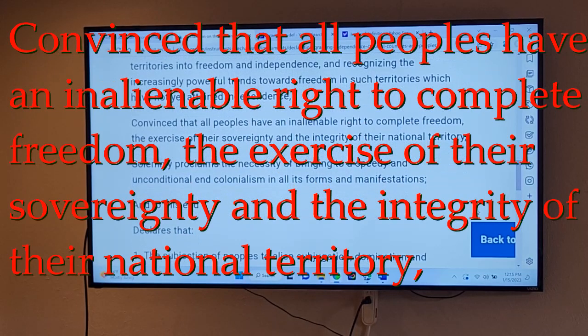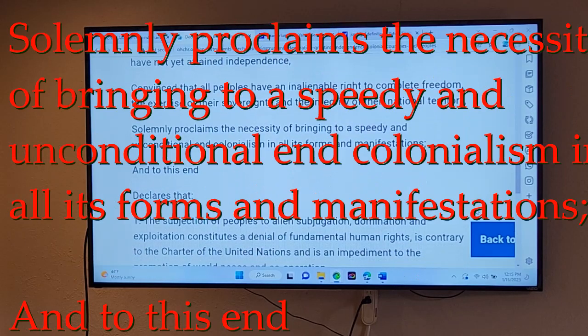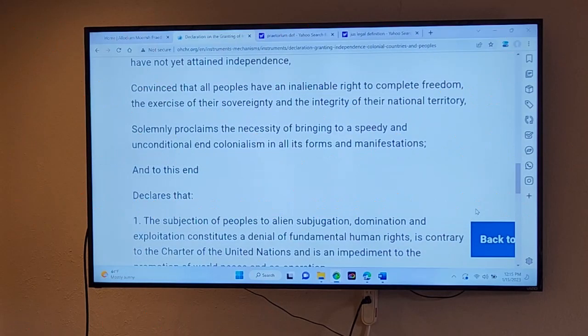Convinced that all peoples have an inalienable right to complete freedom and the exercise of their sovereignty and the integrity of their national territory, solemnly proclaims the necessity of bringing to a speedy and unconditional end colonialism in all forms and manifestations. Pause.